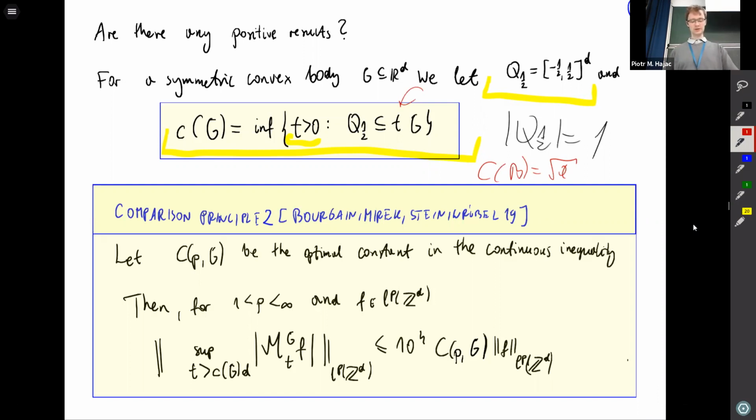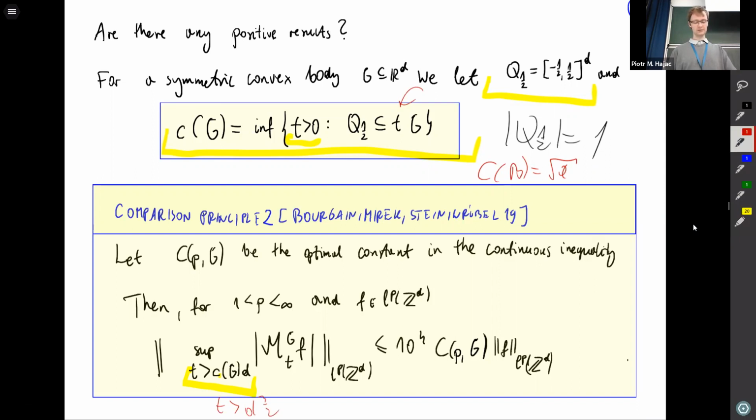Okay, so also two or three years ago, we proved with Bourgain, Mirek, and Stein that if you restrict the supremum in the definition of the discrete maximal function to large t's, by large I mean larger than c(G) times d. So for example, for the ball, I said that c(G) is square root of d, so it means a restriction to t greater than d^(3/2).